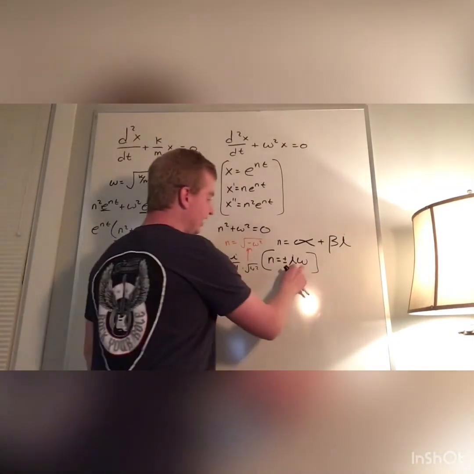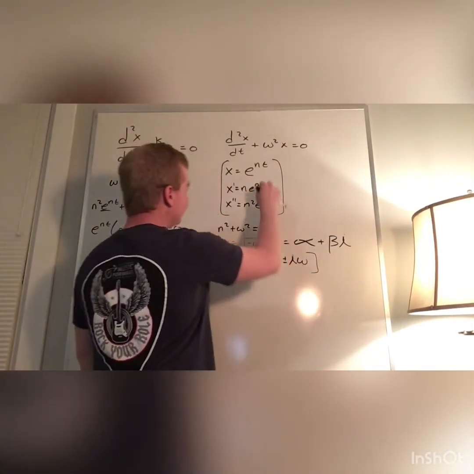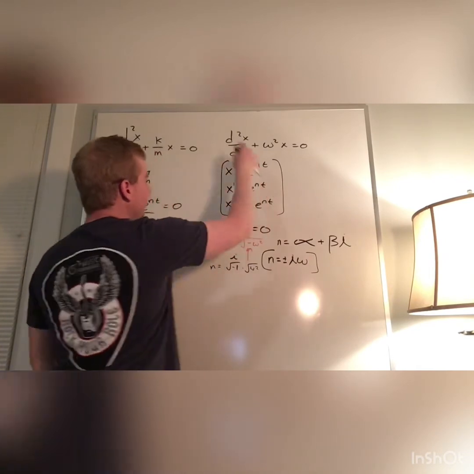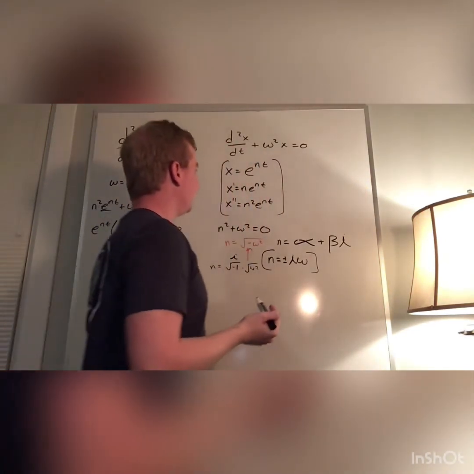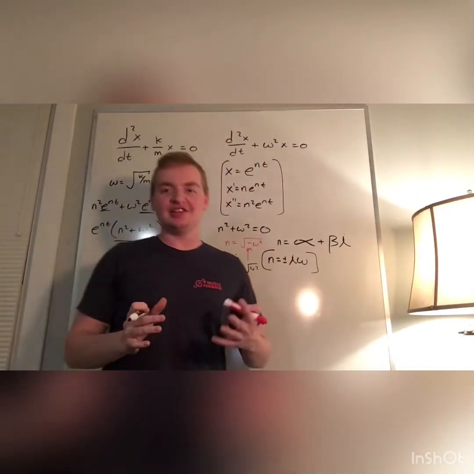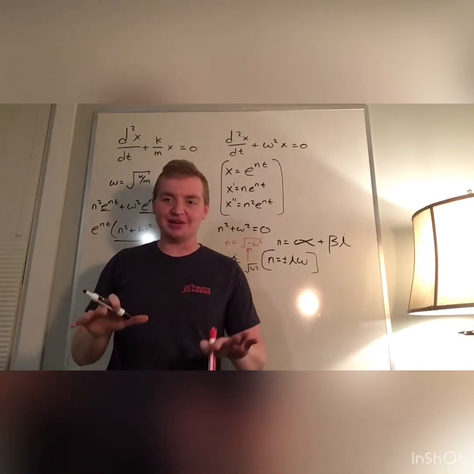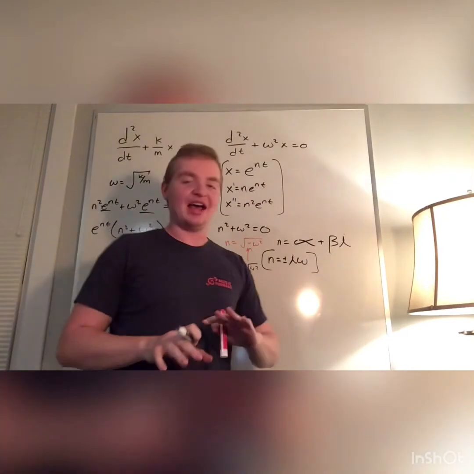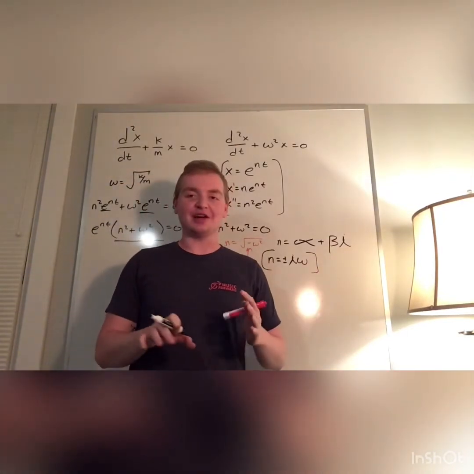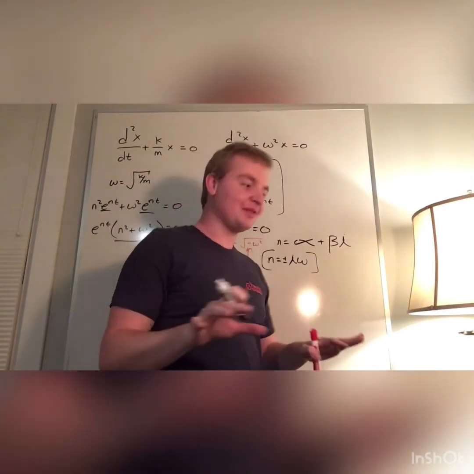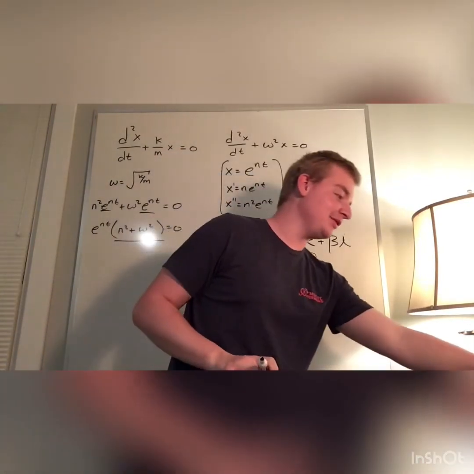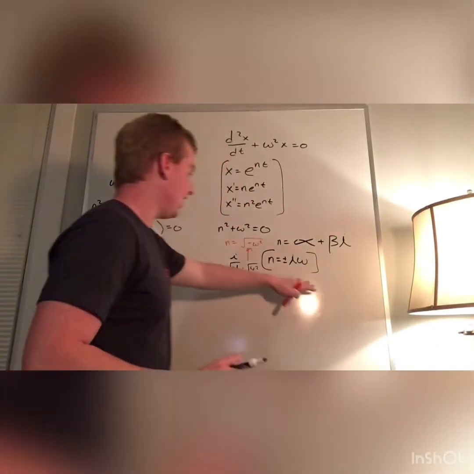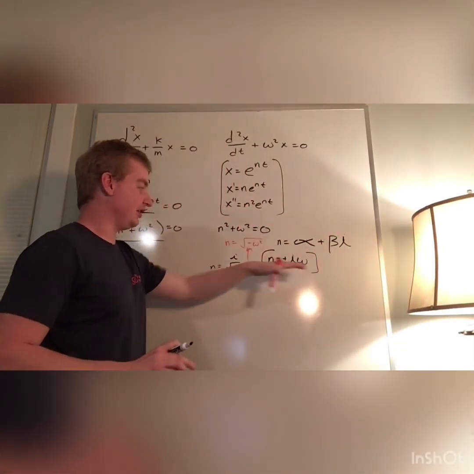Anyway, plugging an imaginary number into this, we would use Euler's identity to derive the general solution. However, I'm not going to show that. I haven't even gotten into deriving that part, so we're not going to do that. But we are going to get to the general solution when we have these complex conjugate roots when solving for n.